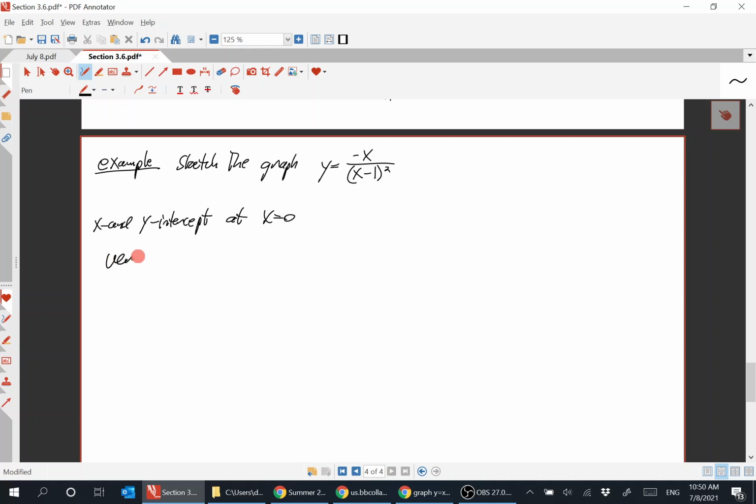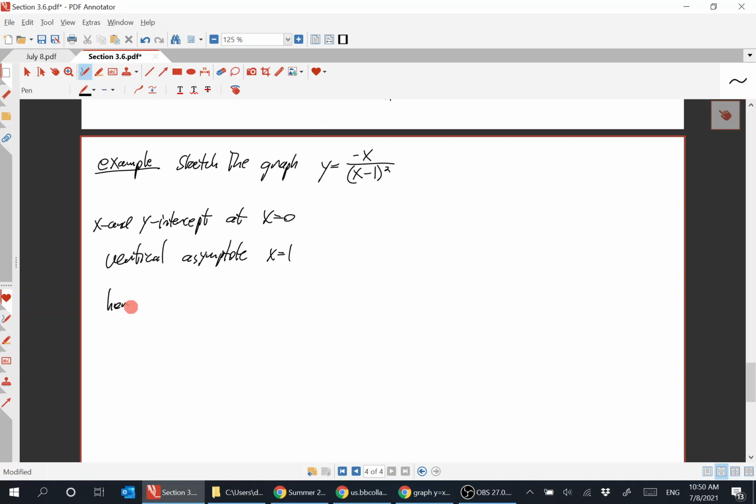And we also have vertical asymptotes where the bottom is equal to 0 and the top is not. So that's at x equal to 1. All right, so the top is 0 at 0 and the bottom is not. So the bottom is 0 at 1 and the top is not. All right, so we have x and y intercepts at x equal to 0 and vertical asymptote at x equal to 1.